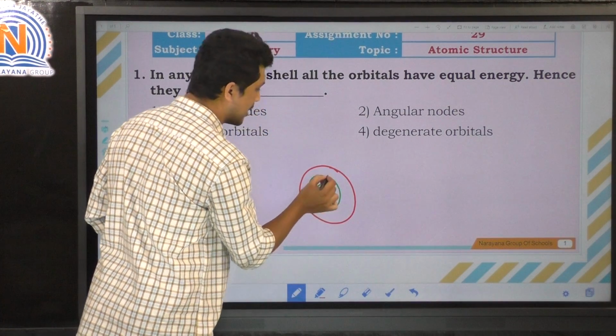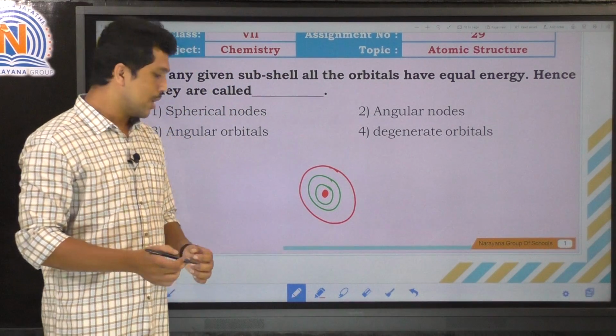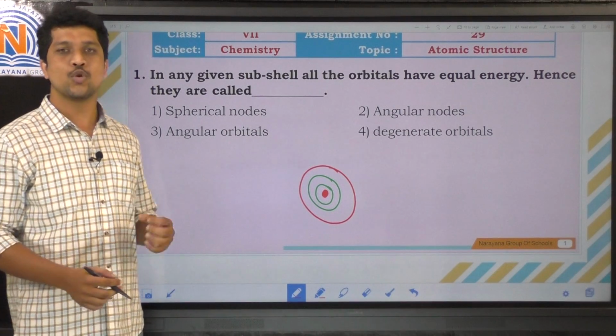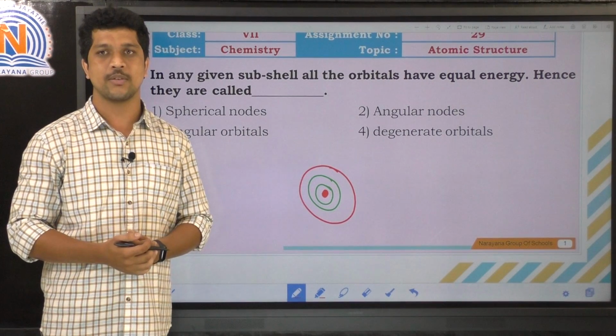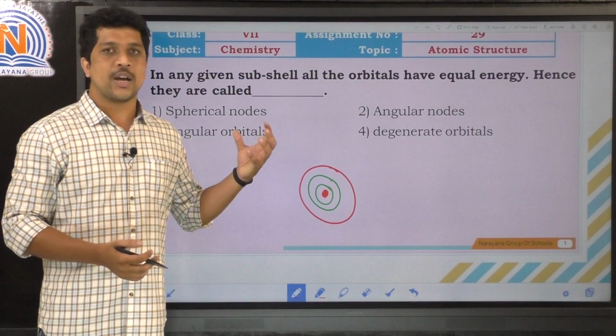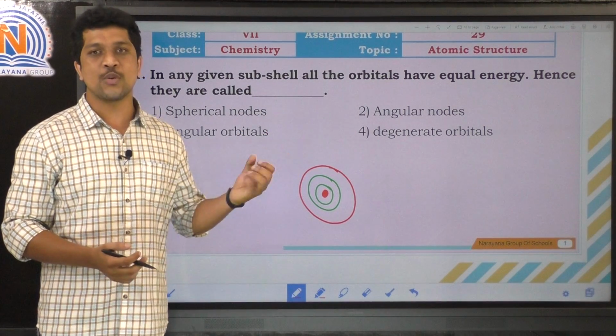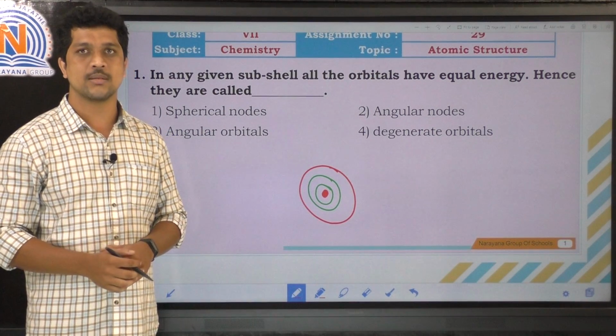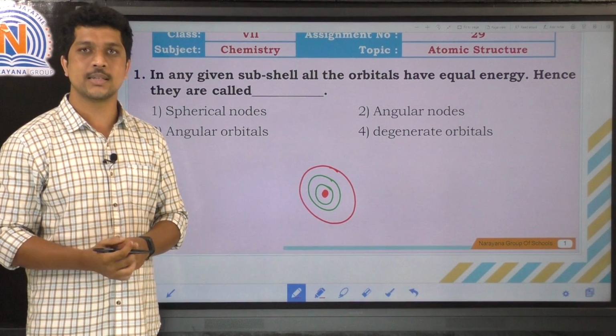Each and every shell is divided into subshells, right? So in subshells, so many orbitals are present. The orbitals which have equal energy are called degenerate orbitals.